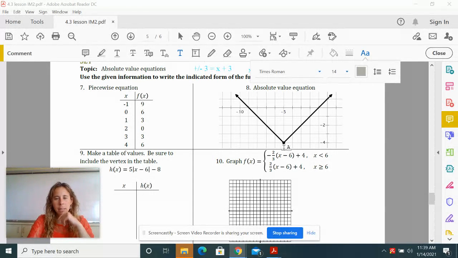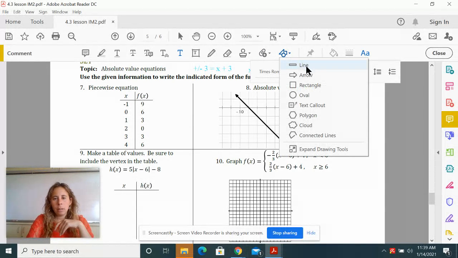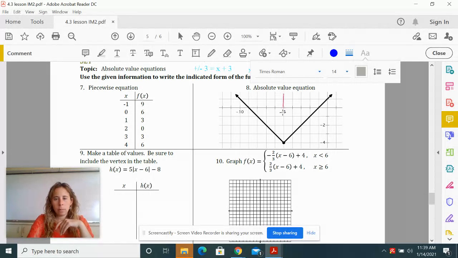Here's the vertex. It's at -5, -4. That's the line of symmetry. So once you find the vertex, you can use that point to write your point slope equation. And then you just have to find the slope of both lines.